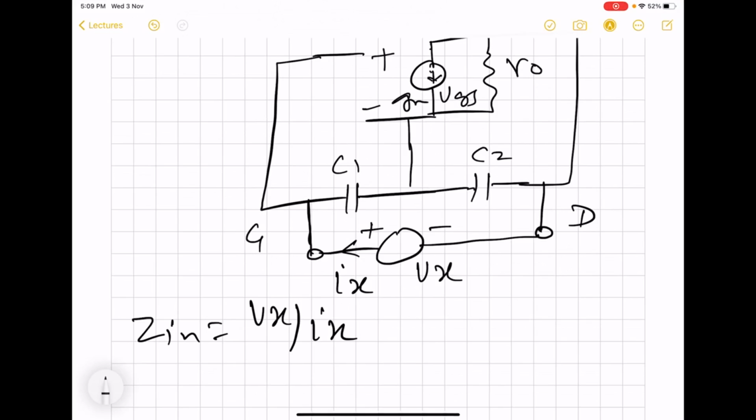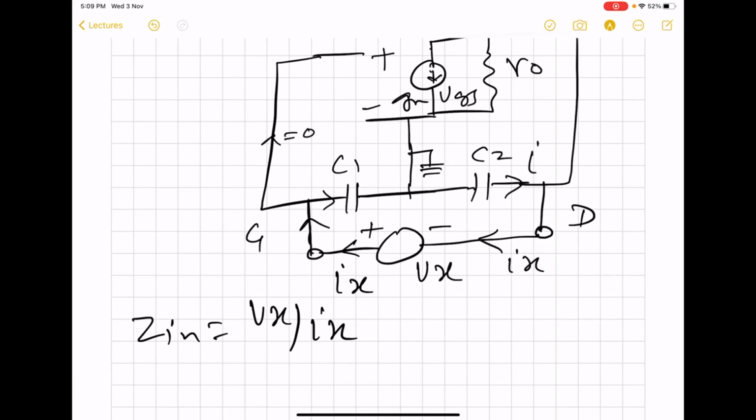So here, once we take this current as Ix, this is also Ix. This source is grounded, of course. So this is Ix, and there is no current into the gate, so this current is equal to 0. So the entire Ix takes the path through C1.